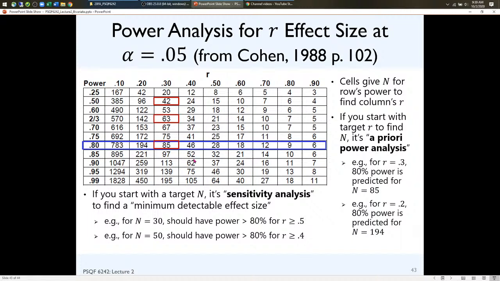And so you can start with the numbers inside the table and then figure out what the minimum detectable effect size is. In practice, tables like these are appropriate only in a very limited set of circumstances for very simplistic analyses where you're only looking at two variables at a time in an independent sample and that kind of thing.